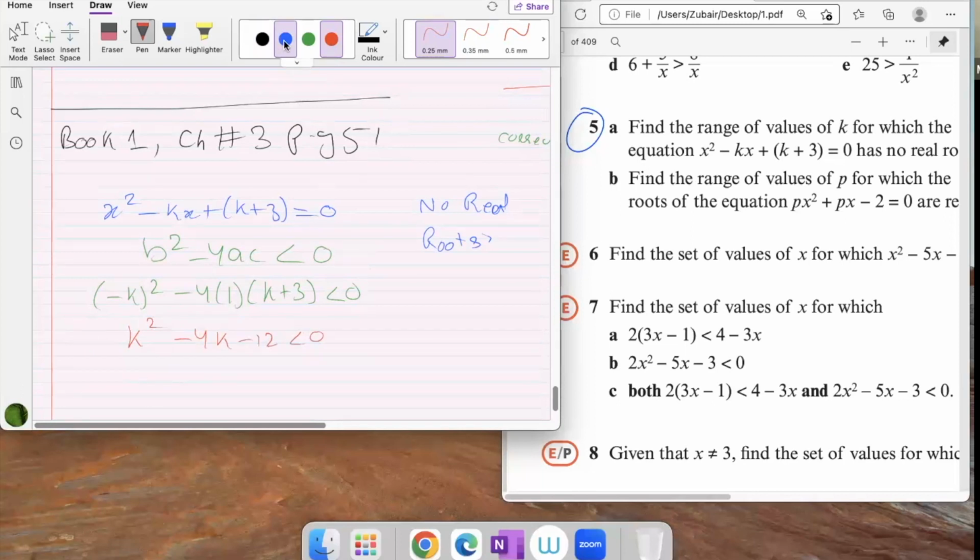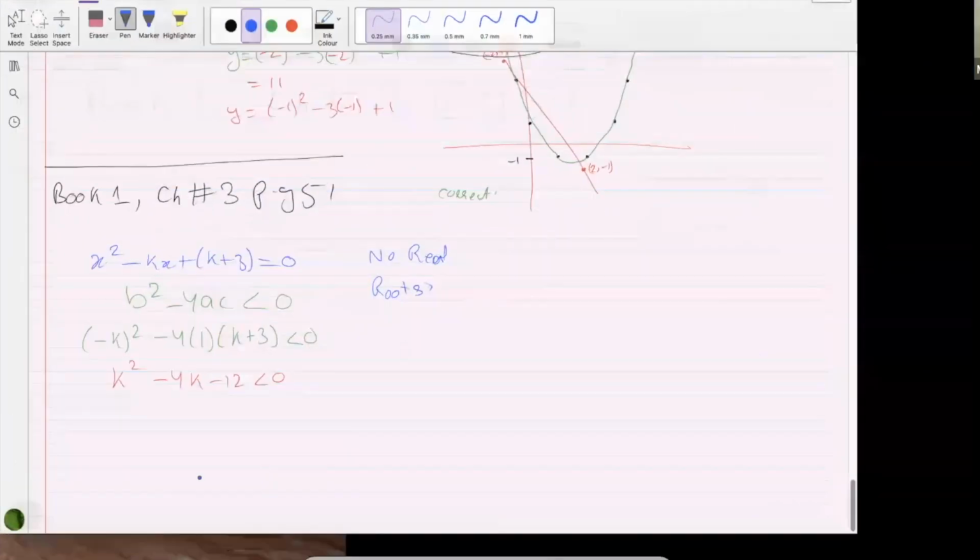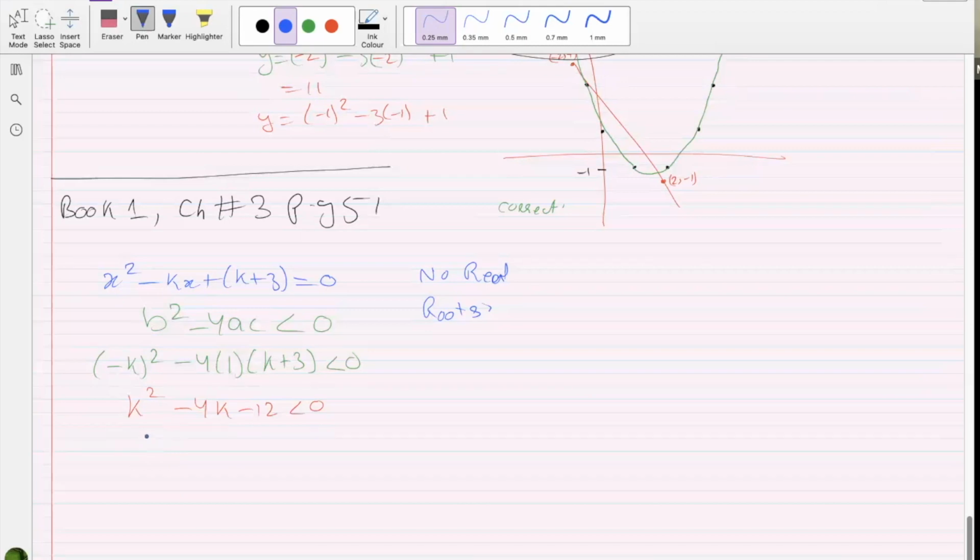We have another quadratic form, so we'll go for completing square. Or middle term breaking is also possible. For 12, it is 1 into 12, 2 into 6, 3 into 4. So we can choose this one.